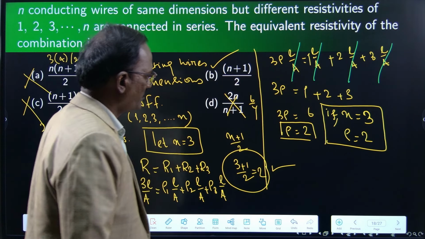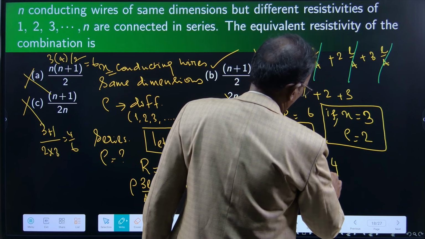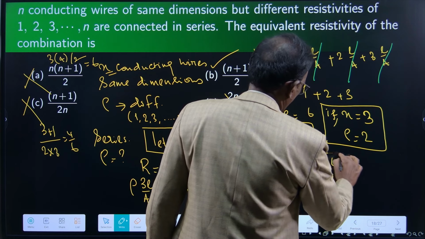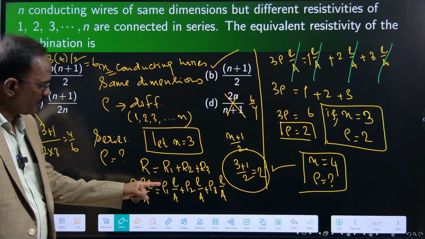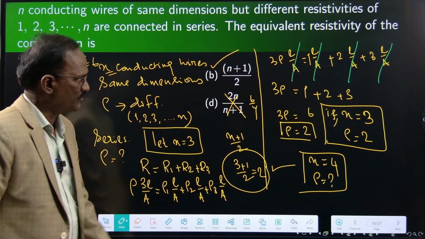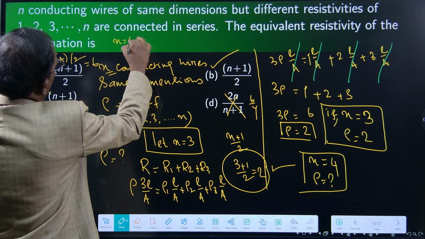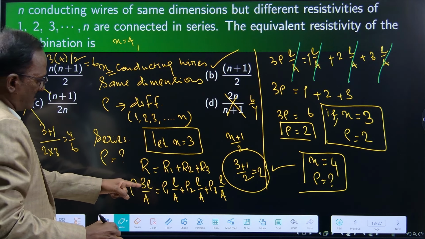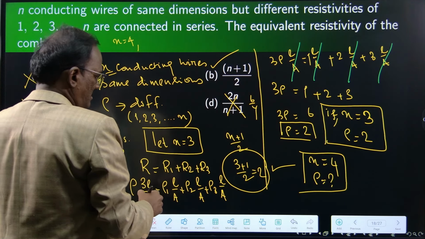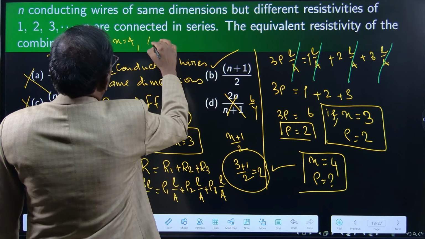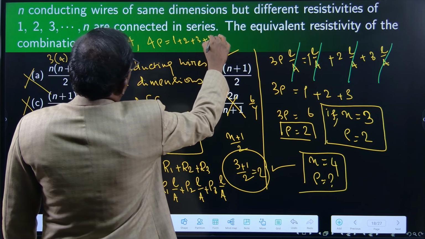This way we can arrive at the right option. For N is equal to 4 also, let me check what the rho value is. If N is equal to 4, then 4 rho is equal to 1 plus 2 plus 3 plus 4.